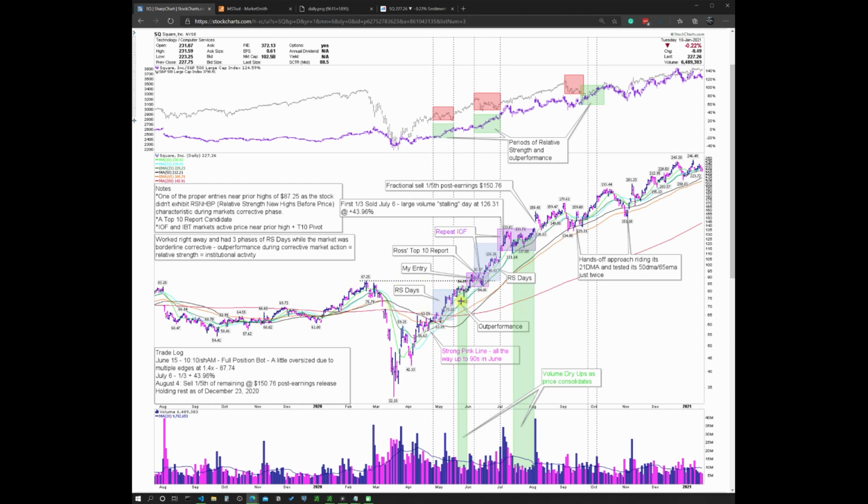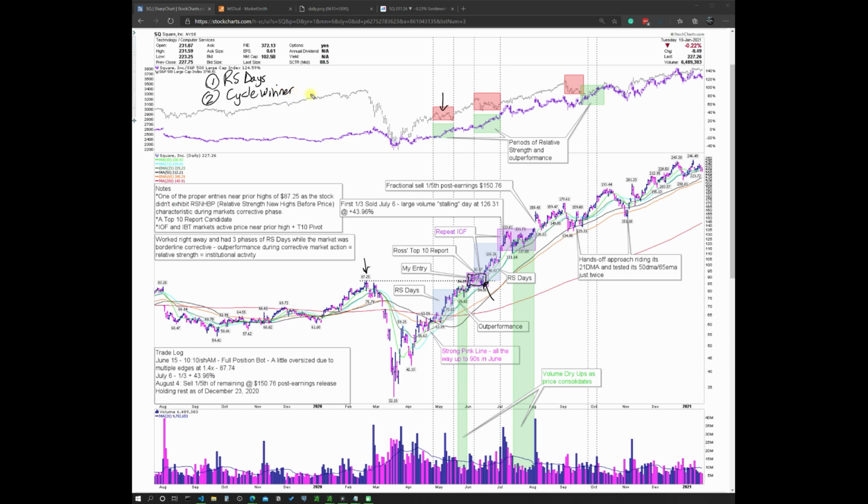So at this particular point, just want to point out that we know a few things. In this little box here, when price consolidates at its prior highs, we know a few things. The first thing that we know is the RS days that show up over here. The second, this has been a cycle winner. So it's been a winner in the past.